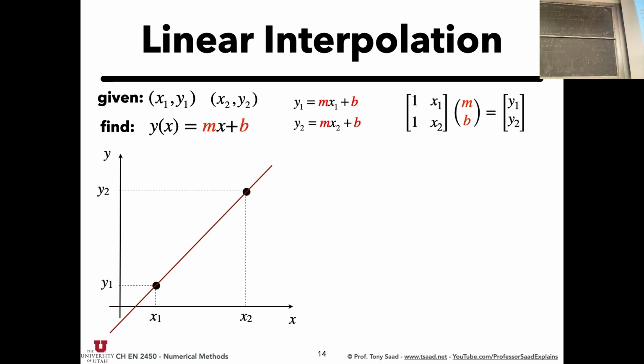Because this line is going to pass by definition through x1, y1, and through x2, y2, all I need to do is apply that straight line at those 2 points. That will give me 2 equations for the 2 unknowns that are missing, m and b. So in other words, y1, the value of that line at x1, is mx1 plus b, and the value of the line at x2 is y2 equal mx2 plus b. That's a system of equations with 2 unknowns.